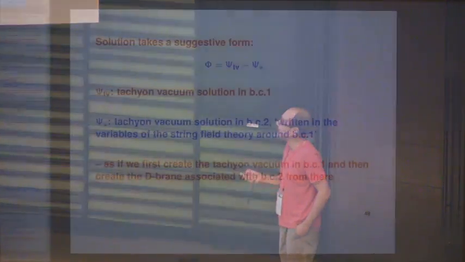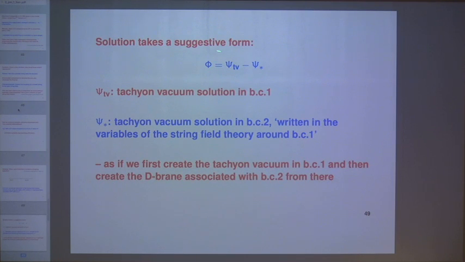Furthermore, their solution took a very suggestive form. Here, this is a tachyon vacuum solution, and psi star in some sense is the tachyon vacuum solution in the second string field theory around BC2, but this of course has to be written in the variables of string field theory around BC1, because the whole solution is in the string field theory around BC1.